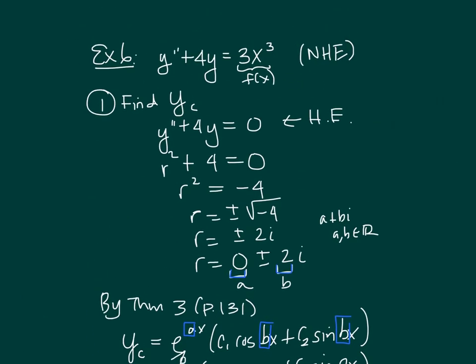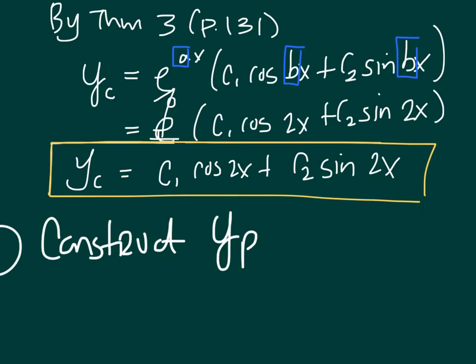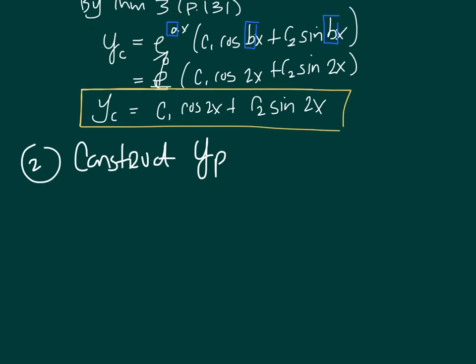When we choose our y sub p, what's the form? Well, this is a polynomial function, 3x to the third, or ax to the n. So we're definitely going to use that to choose.